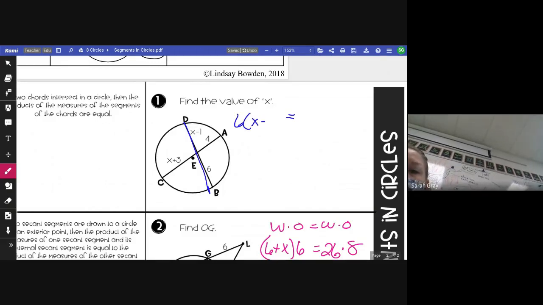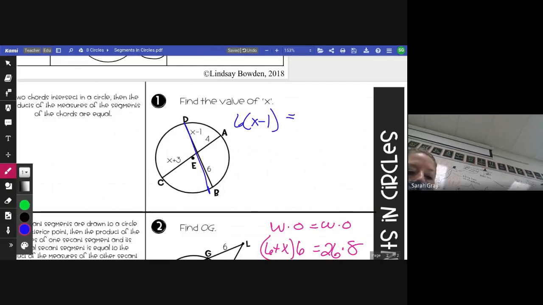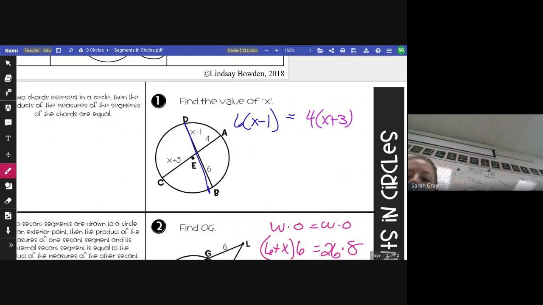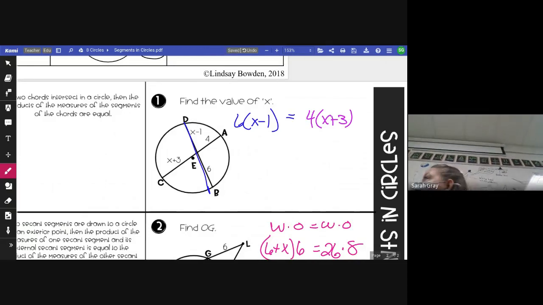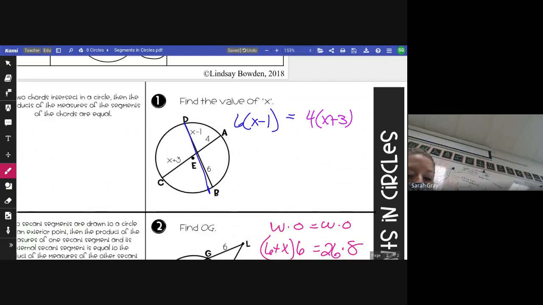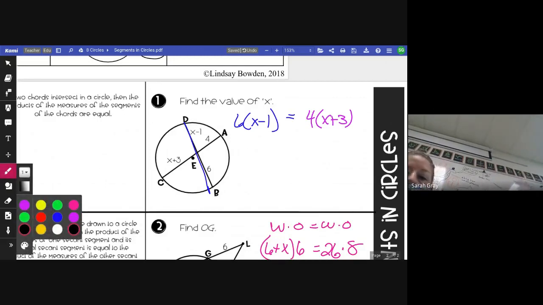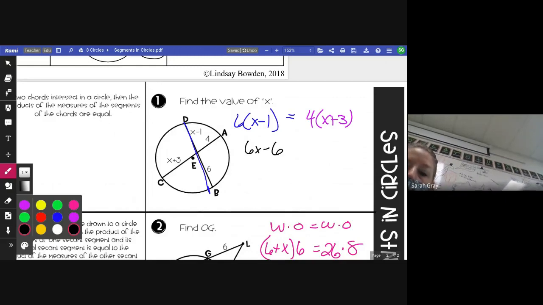Oh, that's x minus 1, but yep. All right. Lily, what would be my equation for CA? Good. X plus 3 times 4. And it doesn't matter the order you multiply because multiplication is commutative. So order doesn't matter as long as the segments you have together are on the same line.